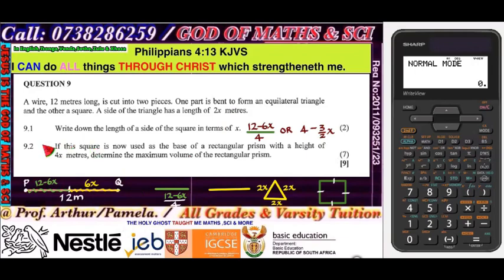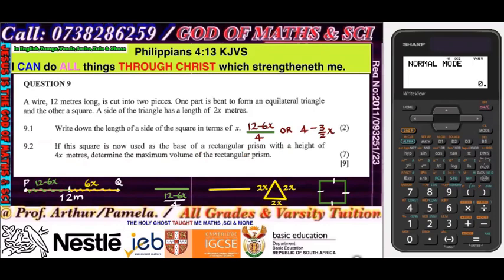All right, now let's go to 9.2. 9.2 says, if this square, we're talking about the square, still on the square, if this square is now used as the base of a rectangular prism with a height of 4x.